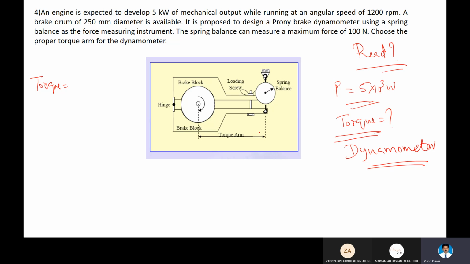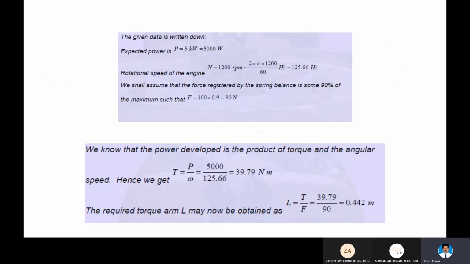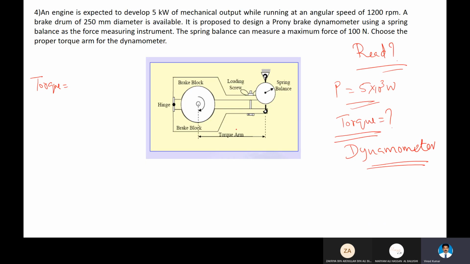How much weight you apply here is represented by F. This torque arm length you take as L, and you are applying a force F here. So the force F times the distance L gives you torque. This equation you studied before, torque equals force times distance.